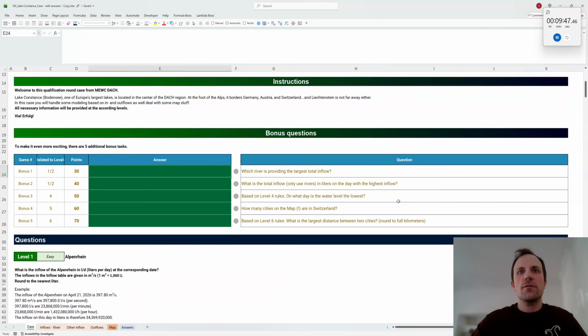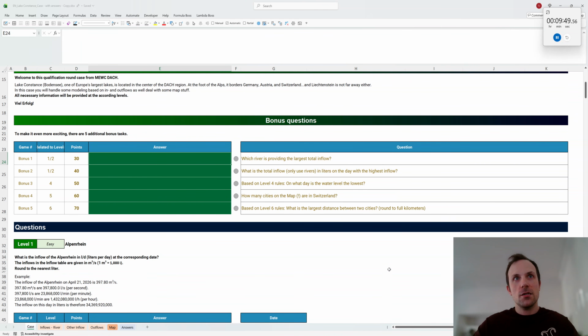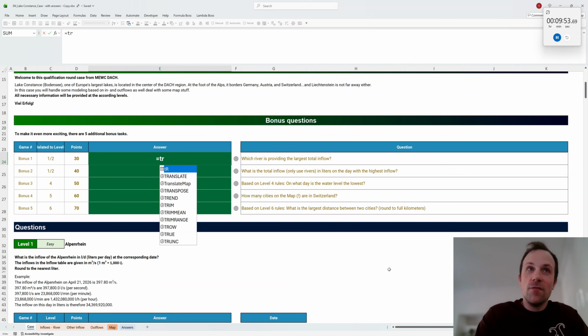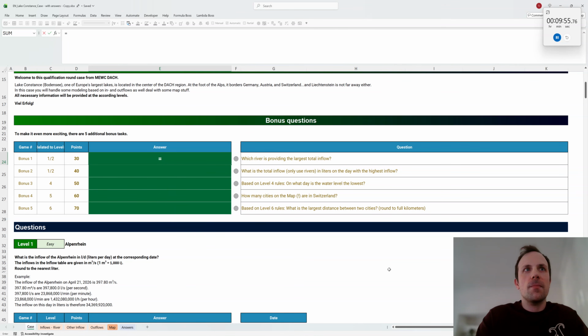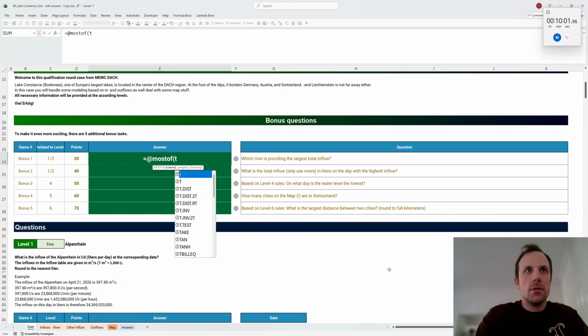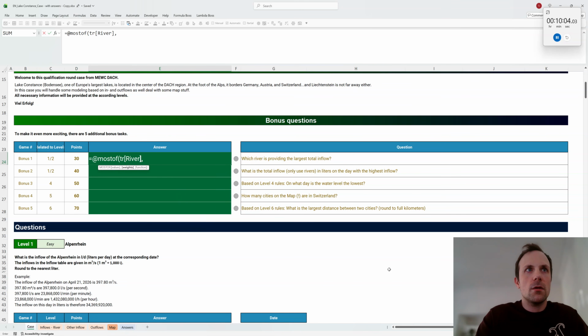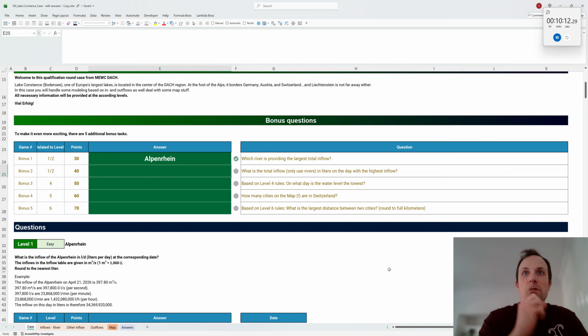Bonuses. Which river is providing the largest total inflow? So that's where I needed my T river table the only time, and I want to do this as a most of, right? So most of my values are TR river and my weights are TR flow or litres, doesn't matter. What's the total inflow, use only rivers in litres on the day with the highest inflow? So I need that again.